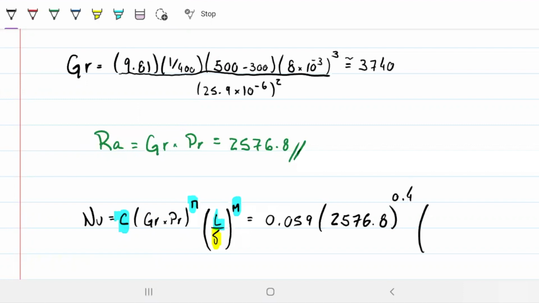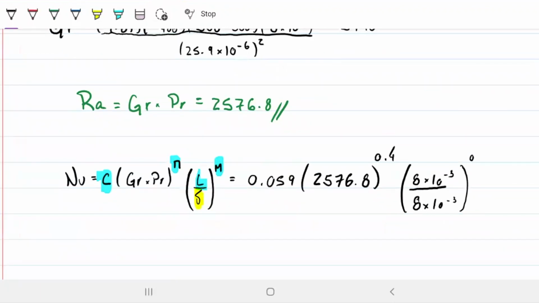Then inside here we have the distance along the plate over the distance between the plates. It doesn't really matter, since they'll cancel each other out, but let's put it anyhow. The distance between the plates is 10 to the minus 3, but this is to the power 0, so even if they were not the same, it'd be 1 by the end of it. Nusselt equals 1.3655.